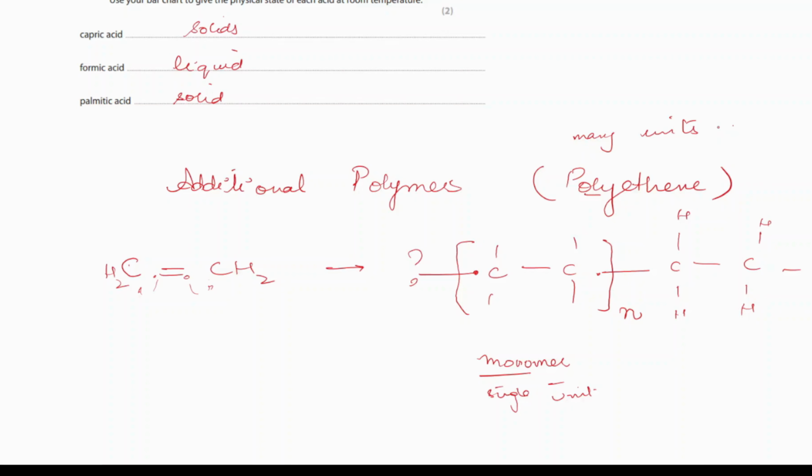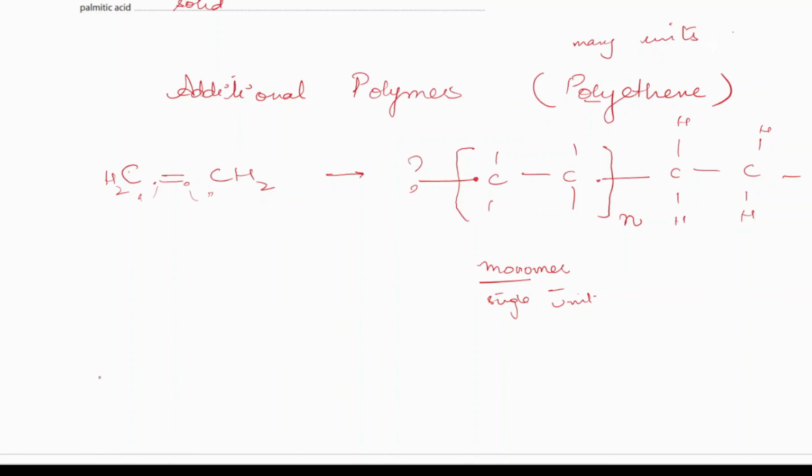What would be the polymer of propene? Polypropene. Can you make a polypropene? It will be CH3, CH double bond CH2. Let me make it.